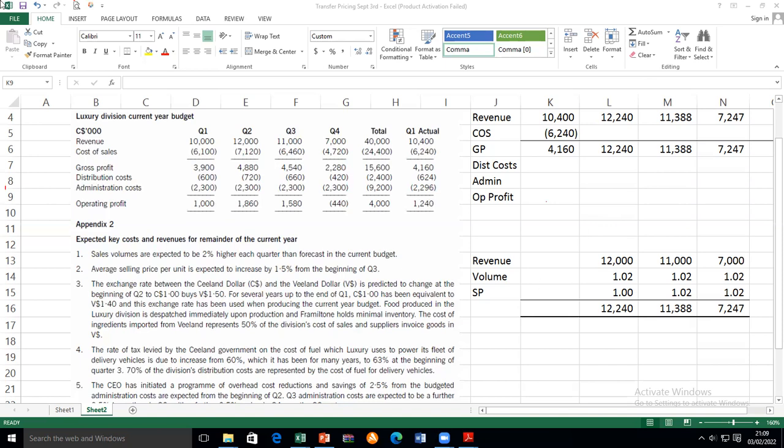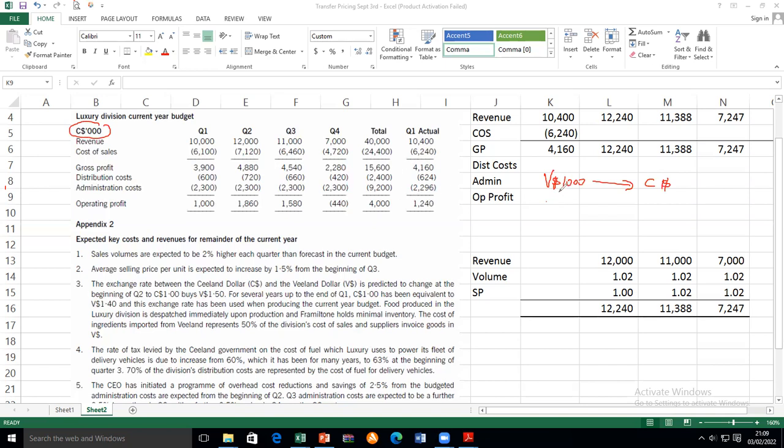I don't complicate. So, supposing you were invoiced $V 1,000, and for you to prepare this statement is in $C. So before this change, how would you move this to $C? What would you do before this change? You have to divide.